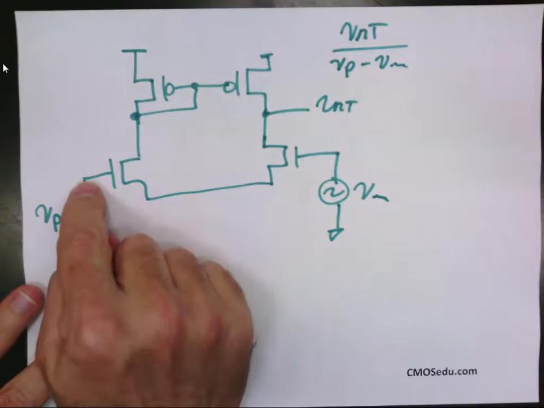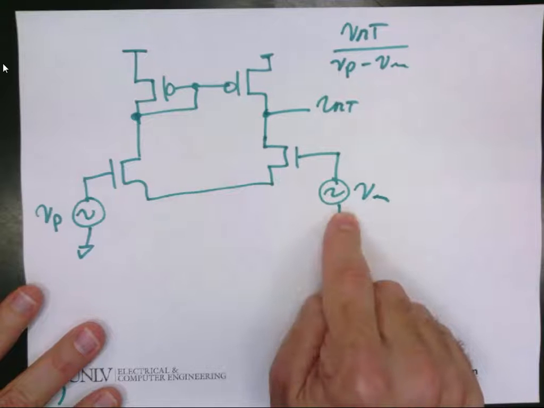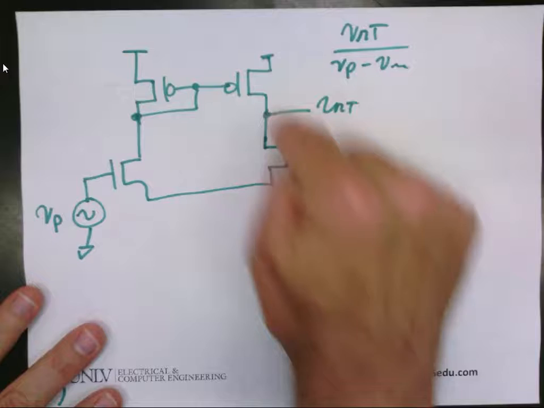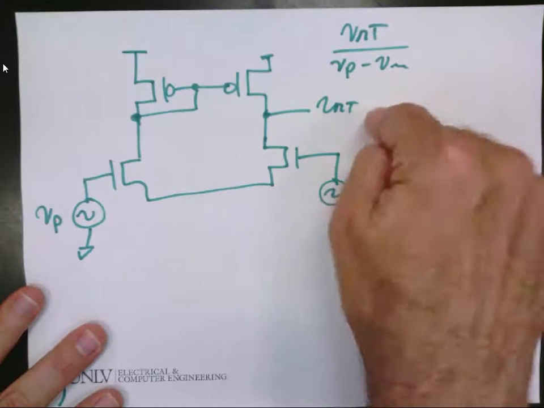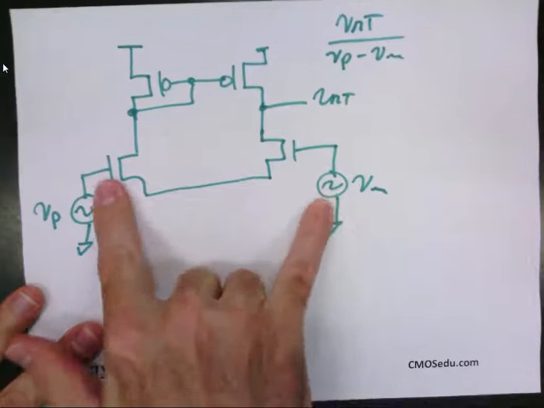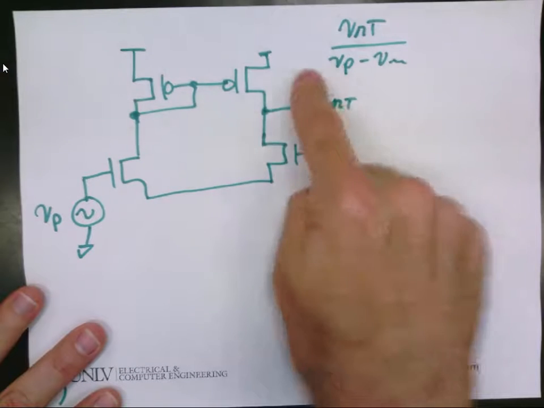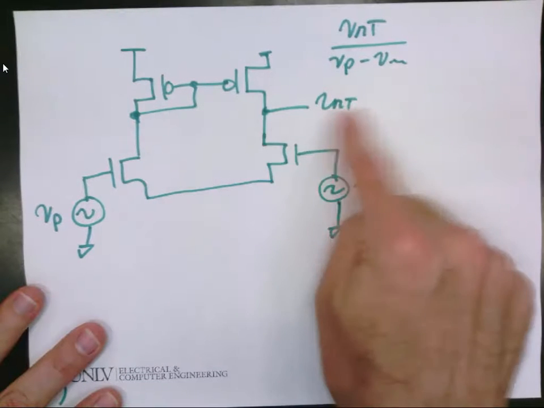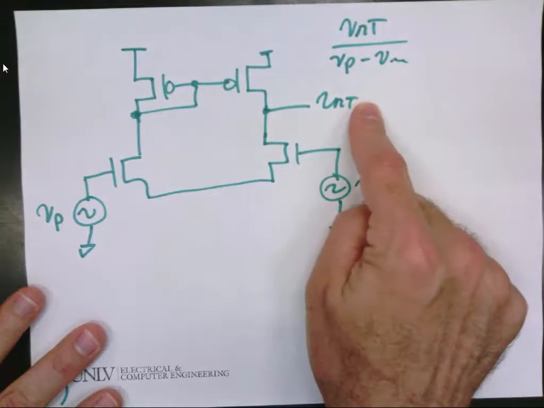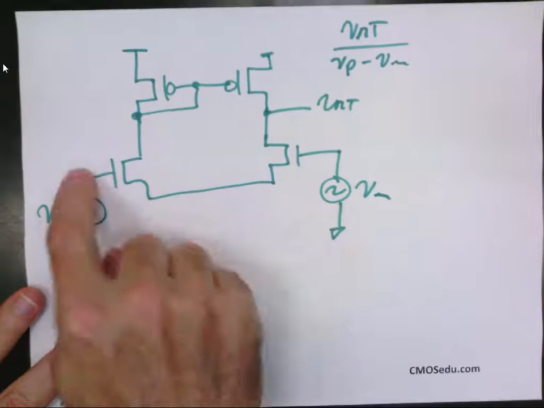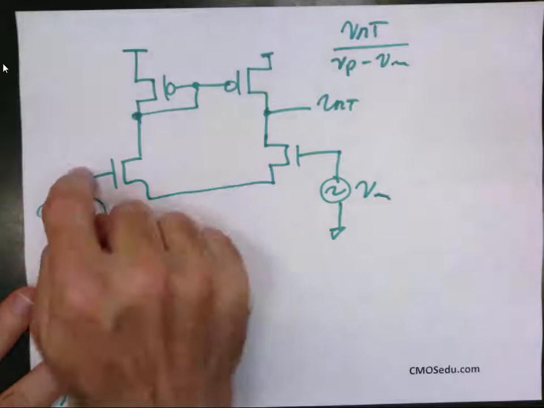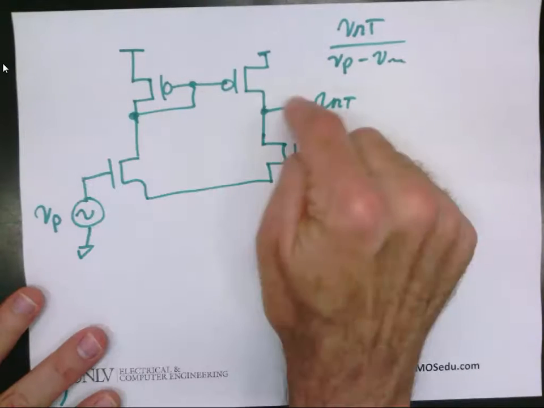This could be the positive input or non-inverting input of the op-amp. This could be the inverting or minus input of the op-amp. Note, when we put another stage on the output of the diff amp that's inverting, what happens to these two terminals going to the output of the op-amp? If we put a negative gain stage connected to the output here to boost the gain, then they flip. Under any circumstances, if this one goes up, this output goes up.